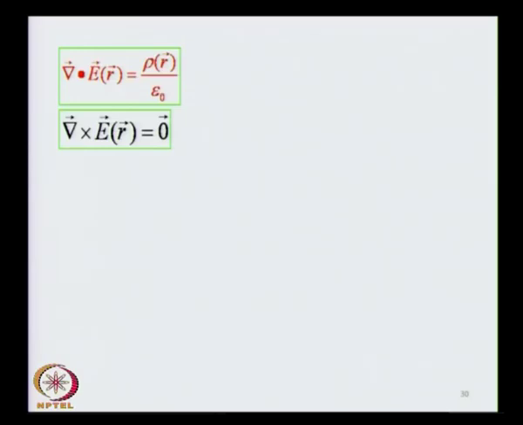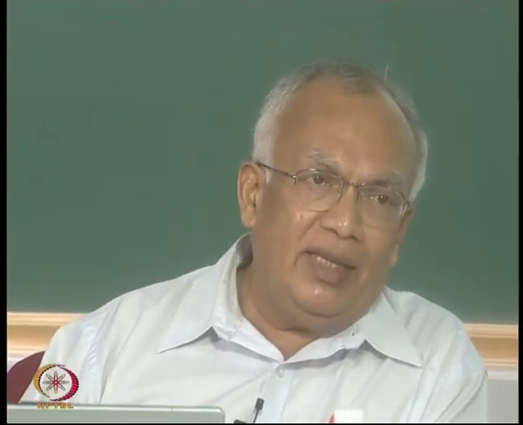In addition to this, you need certain boundary conditions, and this is really the statement of the Helmholtz theorem: to express any vector field you must specify the divergence as well as the curl. That is the reason in Maxwell's equations you find the divergence and the curl of the electric field, and also the divergence and the curl of the magnetic field, because both need to be specified.